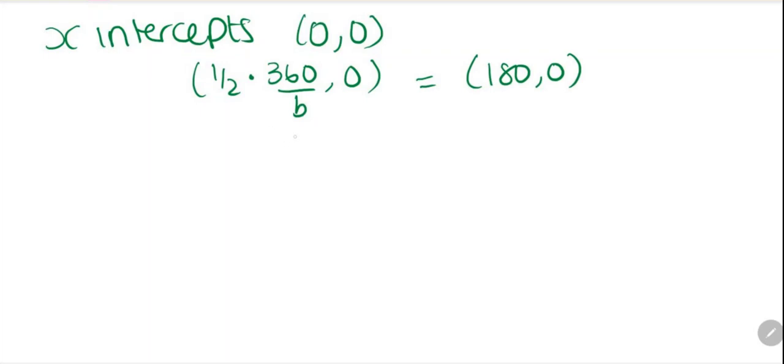So the period, if we work this out, a half times 360, dividing by b, this will be 360, 0. So we know the x-intercepts are going to be 180, 0, and 360, 0.